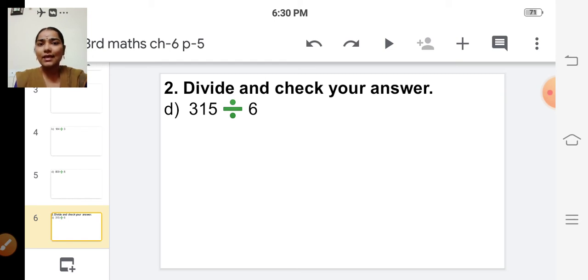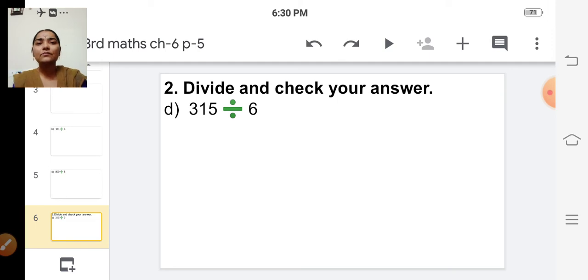So after doing this calculation, we have to get the answer as the dividend. Isn't it? So if we get the answer as the dividend, then the division is correct. So all these things we have learnt in the previous class. So shall we do it now?